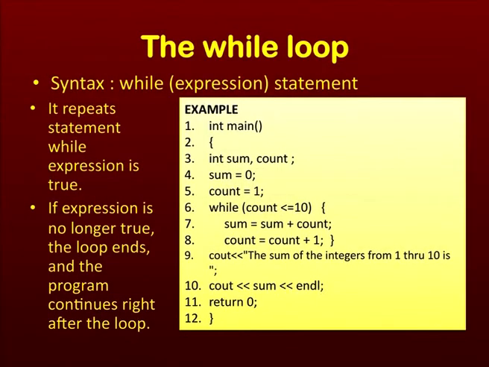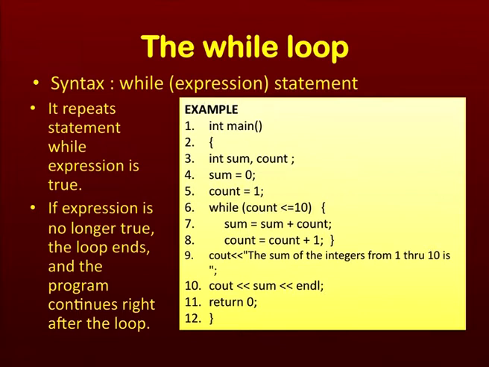Now, we talk about the while loop. The syntax is while, expression and statement. That means, while statement, the expression is a logical statement. If the value of this expression is true, then only the statement written after this will be executed.